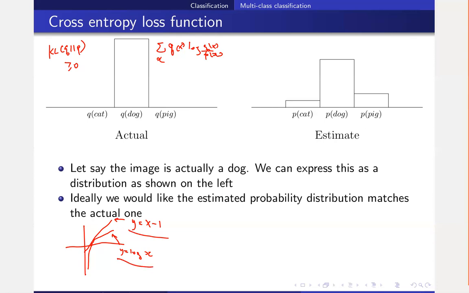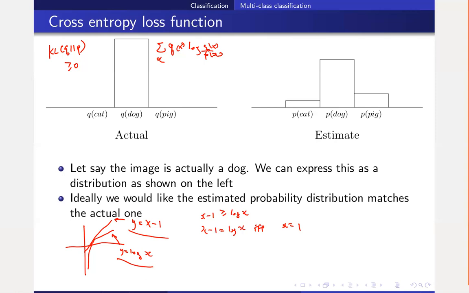And they hit each other tangentially at x equal to 1 and y equal to 0. Therefore I have the inequality that x minus 1 is bigger than or equal to log x, and the equality holds, x minus 1 equal to log x, if and only if x equal to 1.